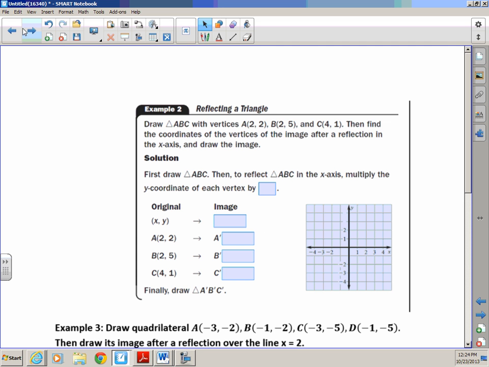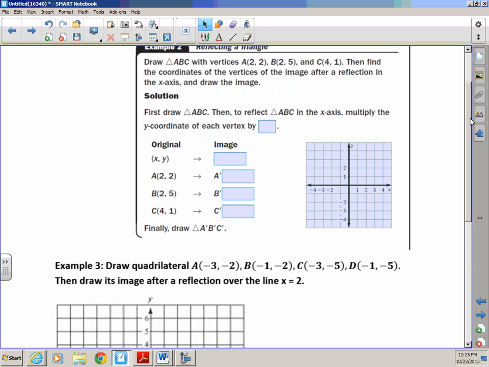Now, let's do an example ourselves. And I want to do it first by counting, and then we'll do it using the little formula. I'm going to draw the triangle ABC with the coordinates 2, 2 for A, 2, 5 for B, and 4, 1 for C. And I want to reflect it in the x-axis.